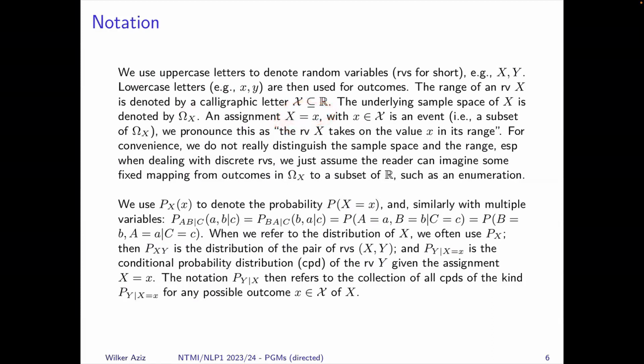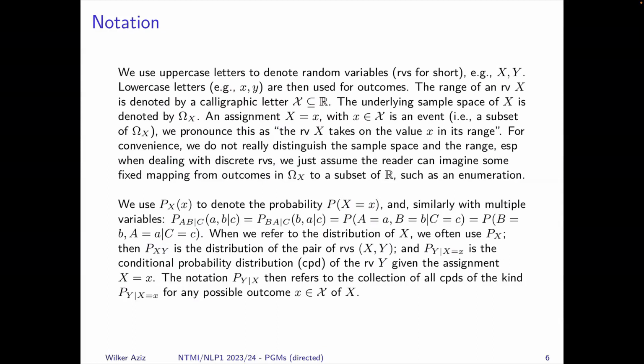The big letter is assigned the small one, and what this really does is it instantiates an event. And an event is basically a subset of the sample space. If we ever pronounce this in English, we can just say the random variable takes on the value x in its range.